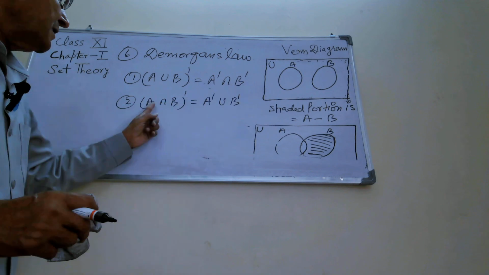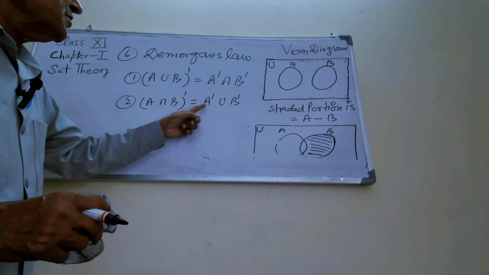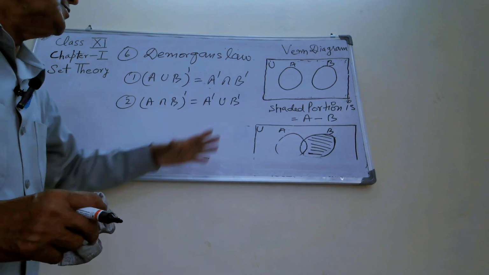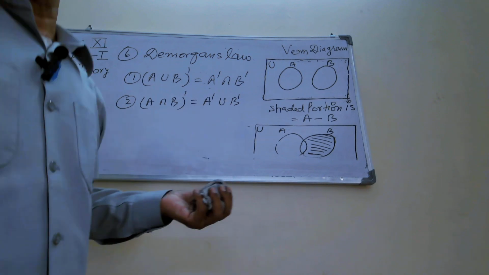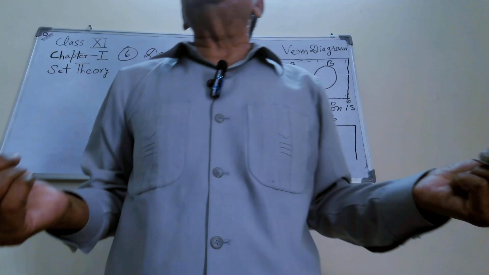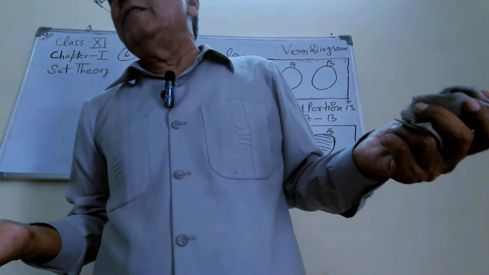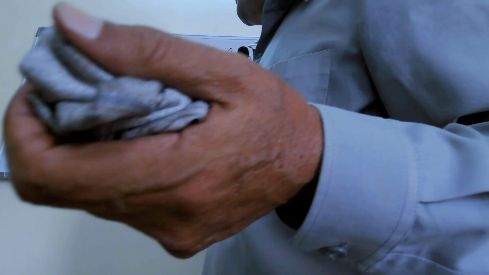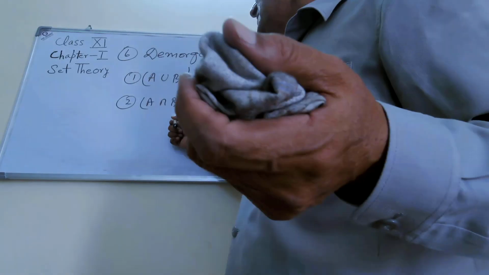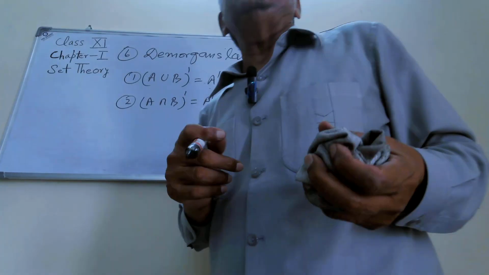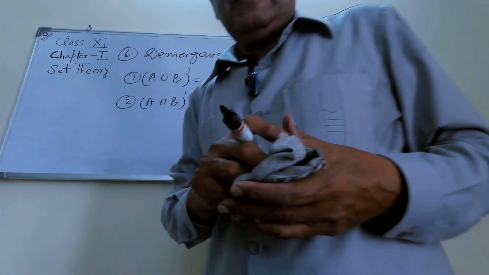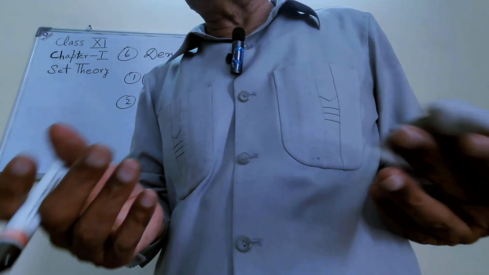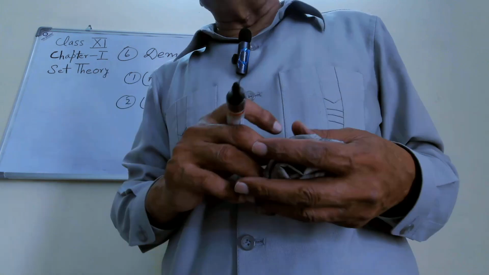Complement of A intersection B is equal to A complement union B complement, because you have already understood the definition of complement. So De Morgan's law defines these two rules, and these can be applicable in different examples, and it will be discussed later on in the next part.